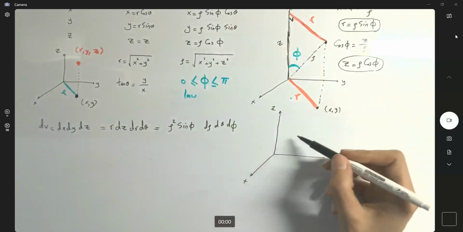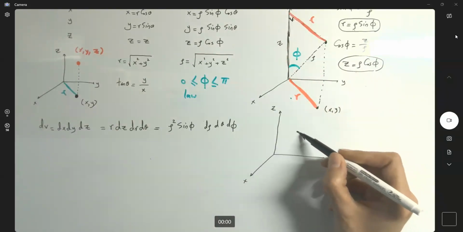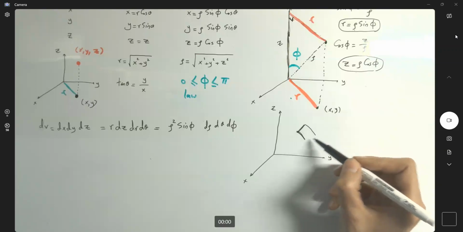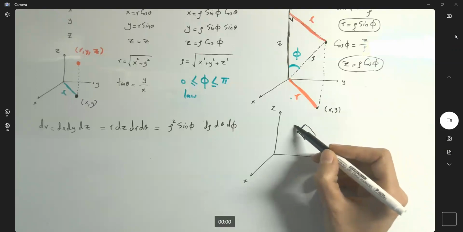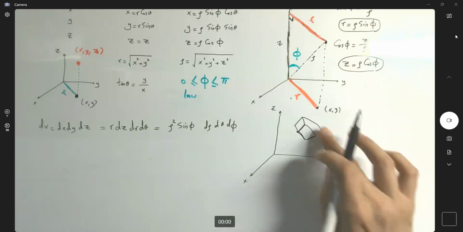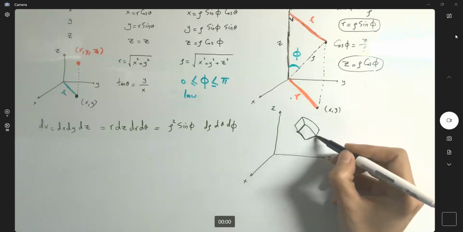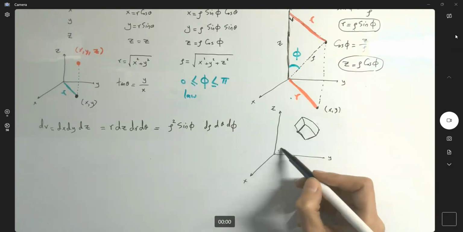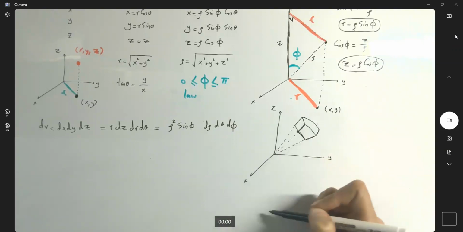How do I visualize that? Suppose we visualize it this way. Have this guy here, and let's try our best to make it a little bit pretty. Okay, here we go. This object, and this side. Tilt it a little bit. That's fine, you get the whole idea behind it. And this is a very small piece.